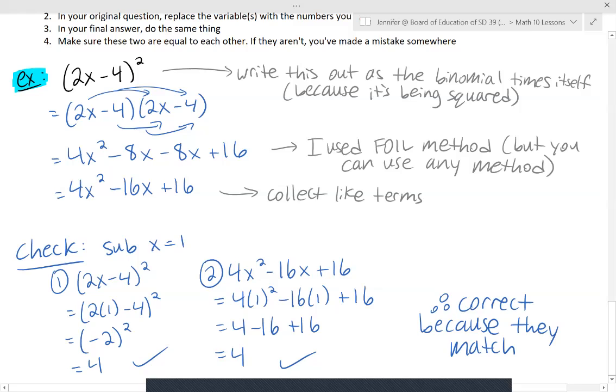Then I simplify. So 2 times 1 minus 4 is -2, squared is 4. Then I do the exact same thing, but with the answer that I just found, I replace all the variables x with my value 1 that I chose, and I simplify. When I do that, I see that I do have them equal to each other. They both give me 4, so I know that I've done this correctly.